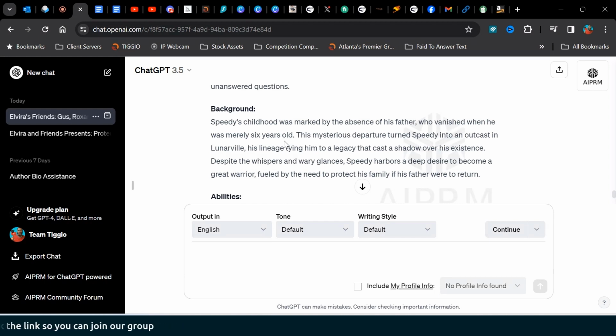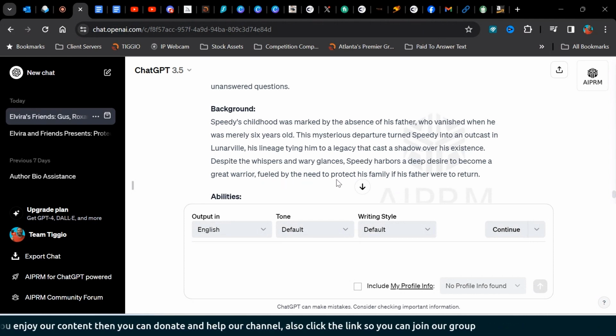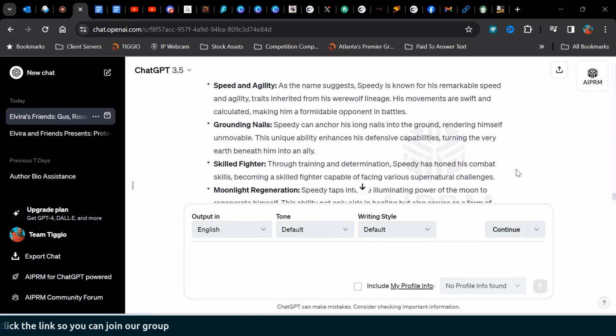This mysterious departure turned Speedy into an outcast in Lunaville, his lineage tying him to a legacy that casts a shadow over his existence. Despite the whispers and the wary glances, Speedy harbors a deep desire to become a great warrior, fueled by the need to protect his family if his father were to return.